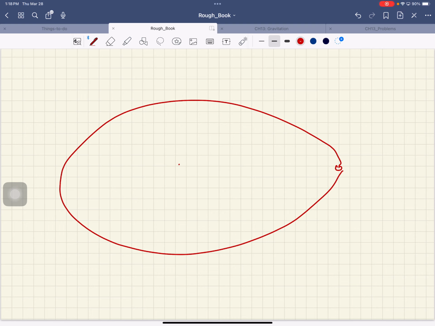What will happen? You guys understand the question? It will just continue on its tangent. Very good. You make the sun vanish, it'll just go on a tangent. You can think of the following: tie a rock to a rope and whirl it around. As soon as you cut the rope, it'll go off.